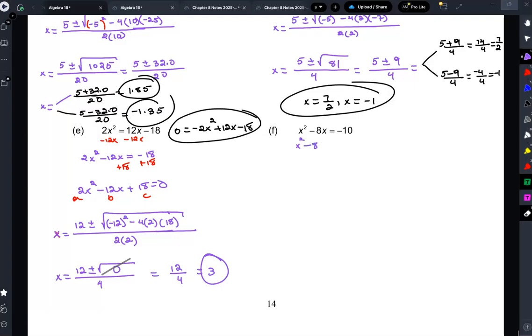X squared minus 8x plus 10 is equal to 0. So x equals negative b plus or minus the square root of negative 8 squared minus 4 times 1. Ooh, a is 1 this time. Okay, over 2 times 1.